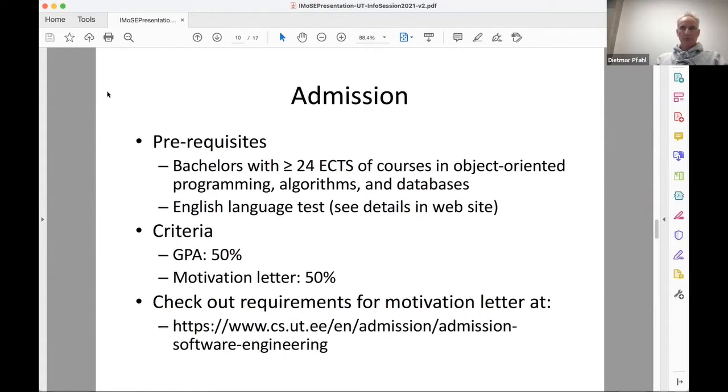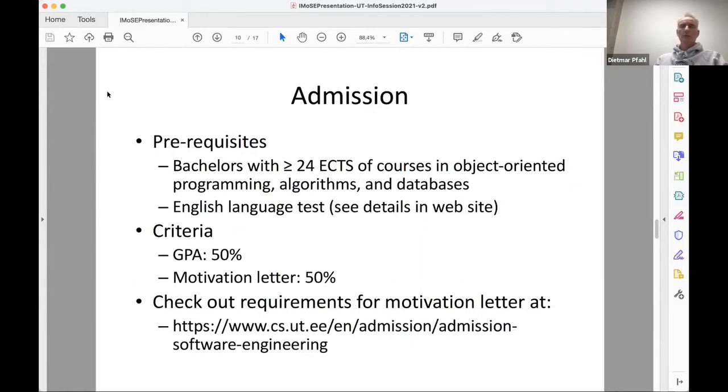We actually look up any links that you provide in the motivation letter, to give us proof, an impression of what kind of systems you have developed and how you program. If you participated in hackathons, etc., mention it in the motivation letter.